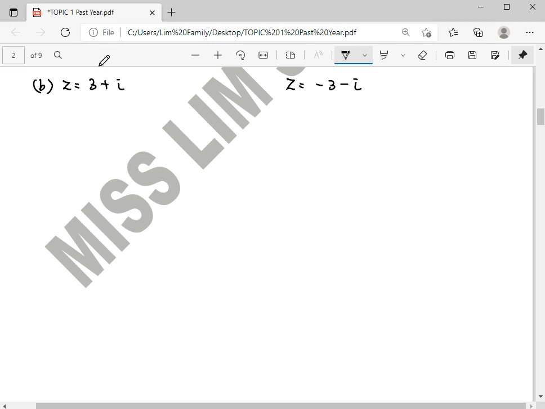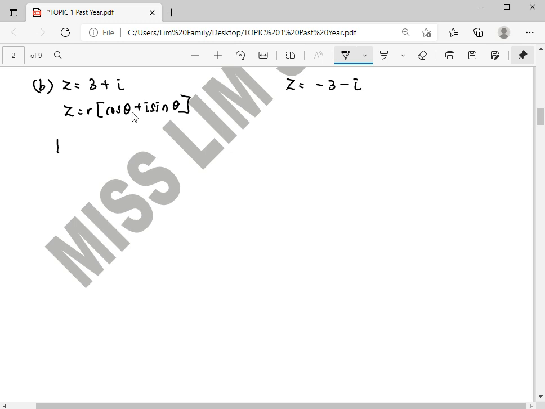Okay, so now we go for our polar form. For the first complex number, 3 plus i. So polar form, you have to show out the working. The polar form formula is z equals r, open bracket, cos theta plus i sine theta. Means that we need to find out the modulus, r.